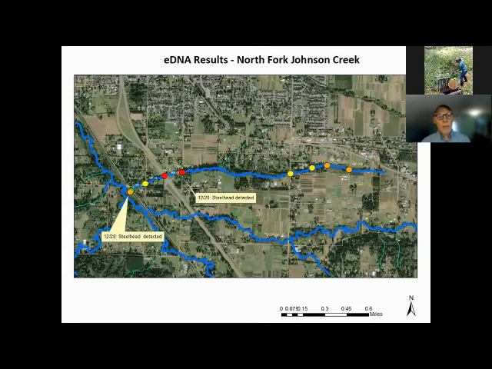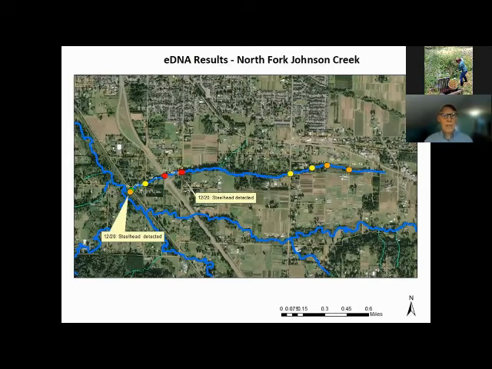And the really exciting thing was that at the very mouth of North Fork, and then also up near the culvert that we did this year, we had Steelhead DNA detected. We first did a DNA test about 3 years ago at the mouth of the North Fork, and we did not find any evidence of any of the 4 species.